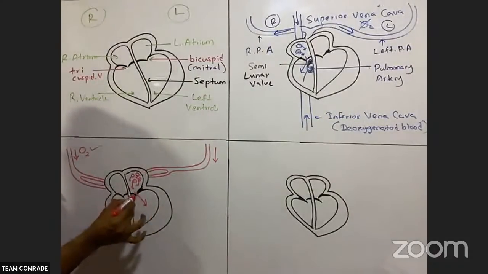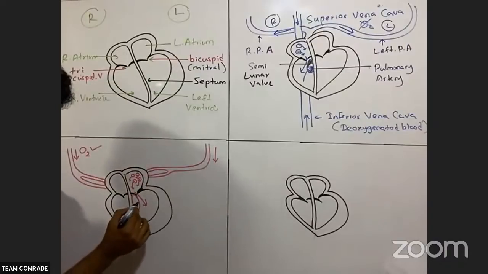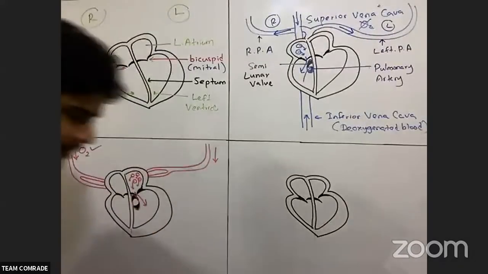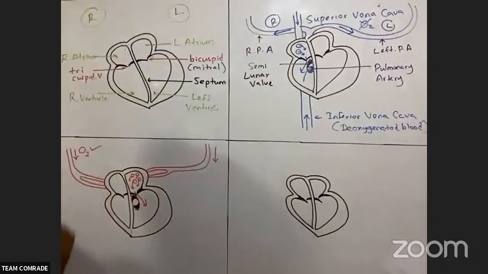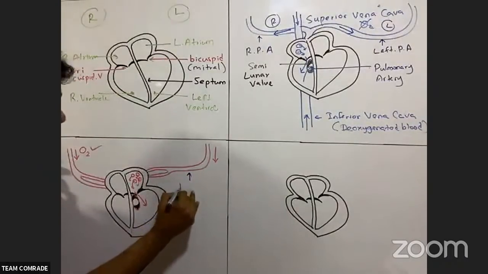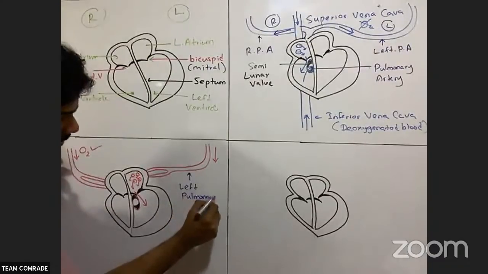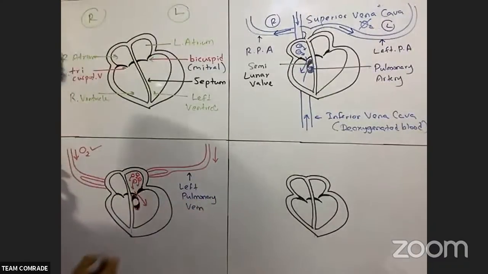Now what I can see here, the aortic opening is there, aorta, right? This aorta, we have a semilunar valve as well, right? Now what do we call this one? This is the left pulmonary vein, right?